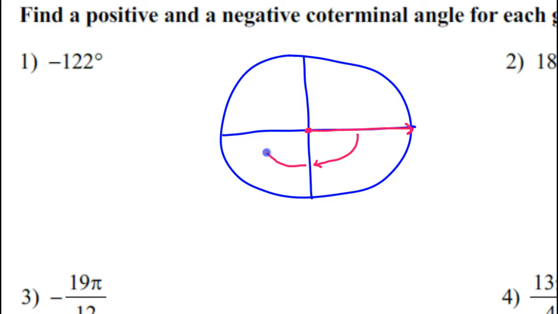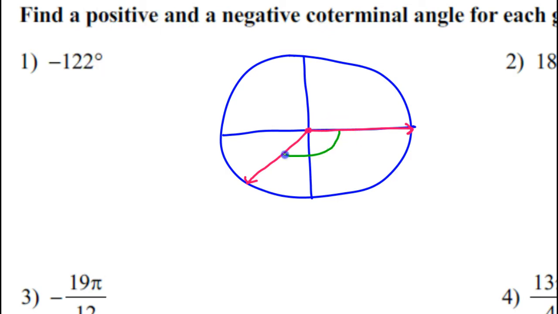If I kept going and I went this far, that's negative 180 degrees. So negative 122 degrees is going to be somewhere between negative 90 and negative 180. That means it'll be in the third quadrant. So I'm just going to throw an angle here into the third quadrant. I'm not going to worry about being really exact.